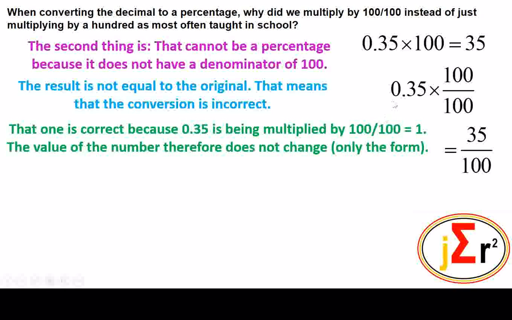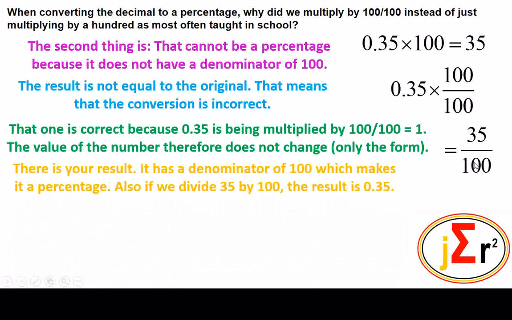When we do that, we have 0.35 times 100 over 100. 0.35 times 100 is 35. And we still have this 100 over which it is placed, which makes it a percentage because it has a denominator that is equal to 100. There is your result. It has a denominator of 100, which makes it a percentage.